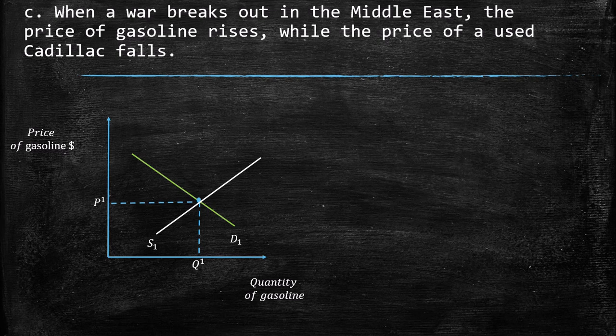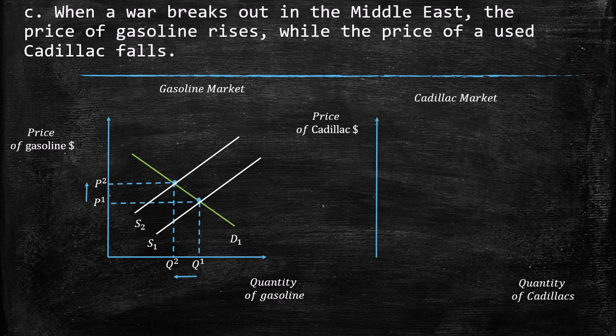So given the war, there's going to be a decrease in the supply of gasoline because of the war. So it's going to be P2 and Q2. So it's going to be an increase in the price, as the problem says, and it's going to be a decrease in the quantities.